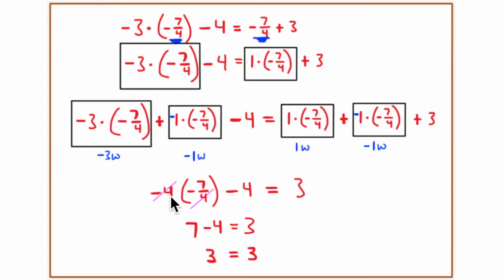Now, if I have 4 negative 7/4, then I have negative 7, and the opposite of that is a positive 7. Let me say that again. If I have 4 negative 7/4, then I have negative 7. These 4's cancel out. It's 4 times these 7/4. Gives you an answer of 7.